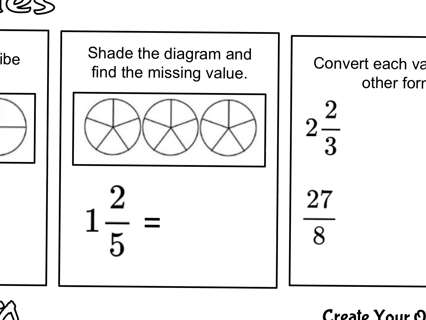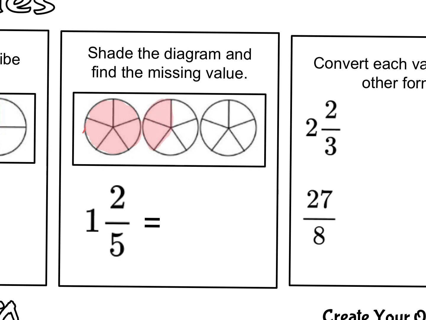Now looking at the second one, we're going to take away the picture being there for us, and we're given the mixed number. So we have 1 2/5. What I'm going to do is go up and shade in 1 full circle, and 2/5 of the next circle.